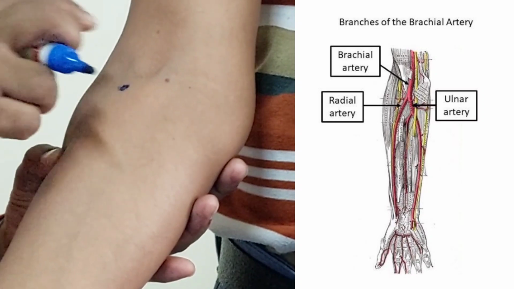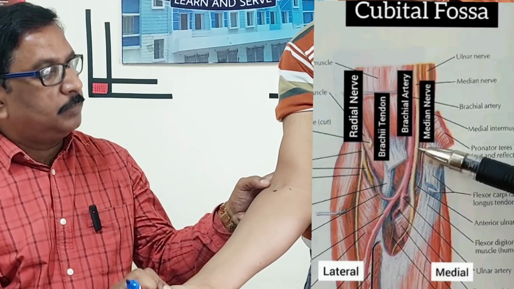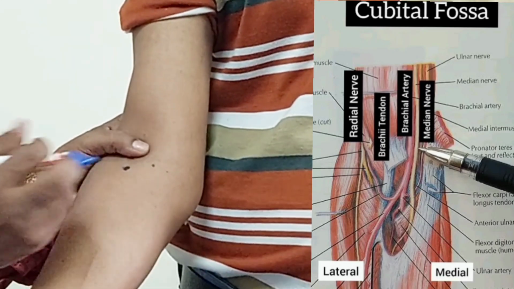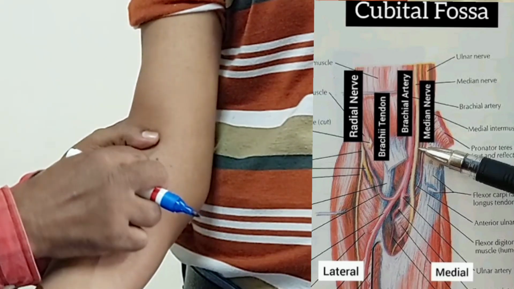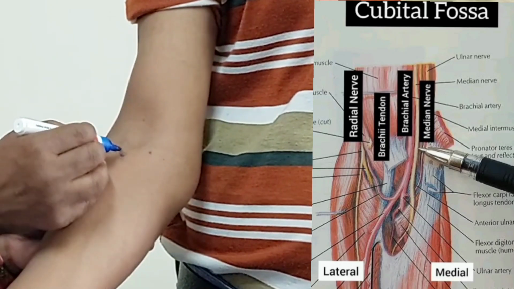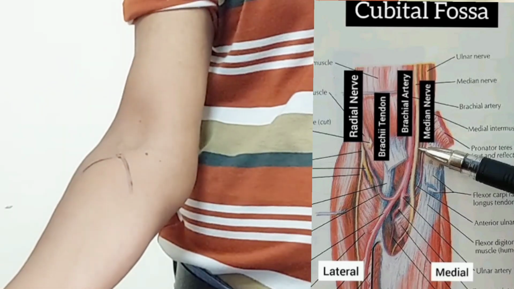And if you feel in the cubital fossa, there are 3 important structures. From lateral to medial, this is the biceps tendon, and medial to it is the brachial artery. Then I will get the median nerve. So this brachial artery here divides into radial and ulnar artery from its bifurcation.